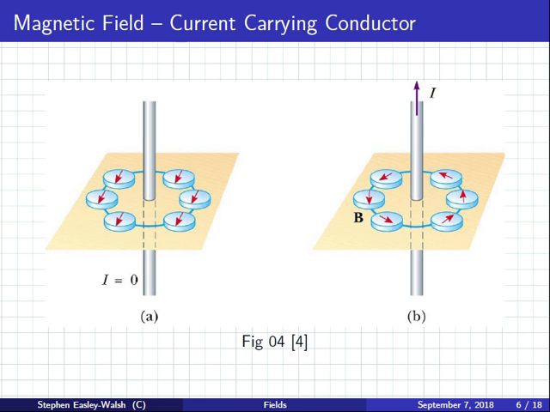So beside your picture here, you could write underneath it, use the right hand grip rule to find the magnetic field, something like this.